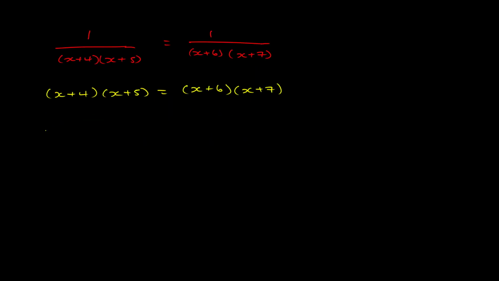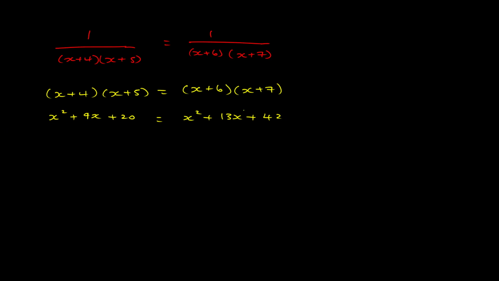So on the left hand side, we would have x squared plus 9x plus 20, and this is equal to x squared plus 13x plus 42. Okay, so seeing that we have both x squared terms just being multiplied by 1, those would cancel.